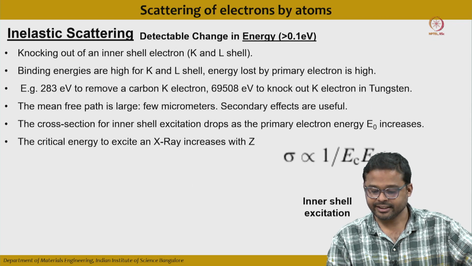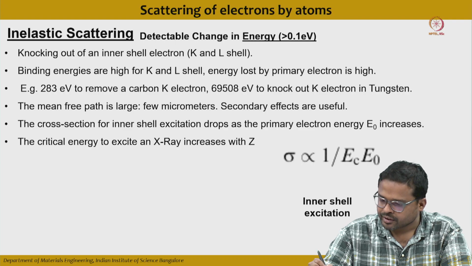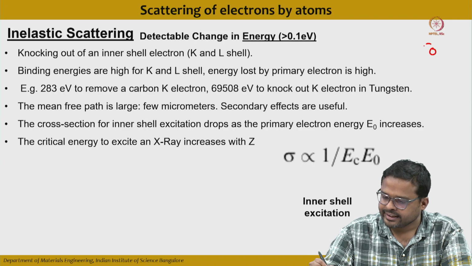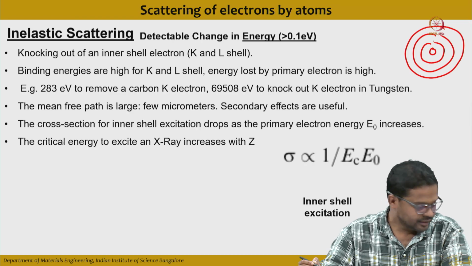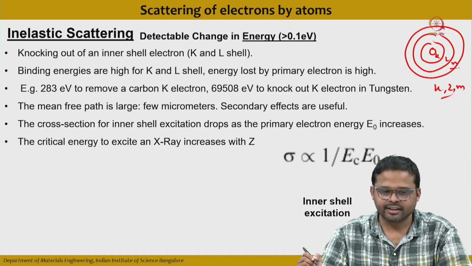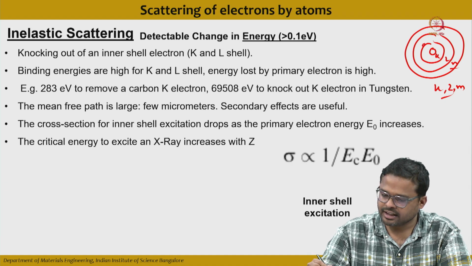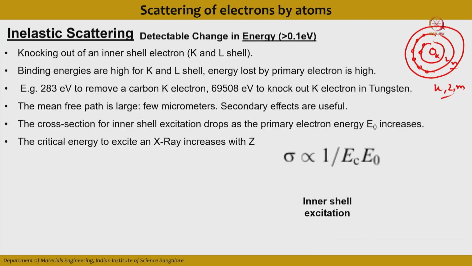Now, next comes the inner shell excitation. So, if you see an atom, it has a nucleus, it has certain shells. You will have a K shell, L shell, M shell, and these shells contain electrons, and they have a definite energy.